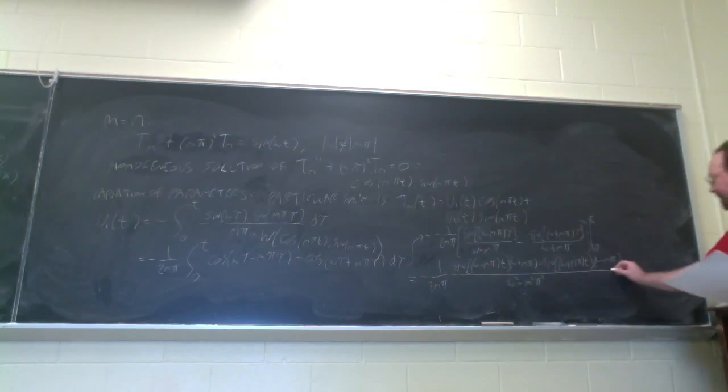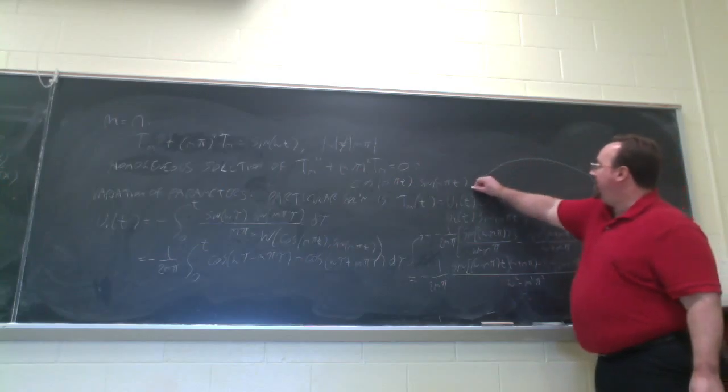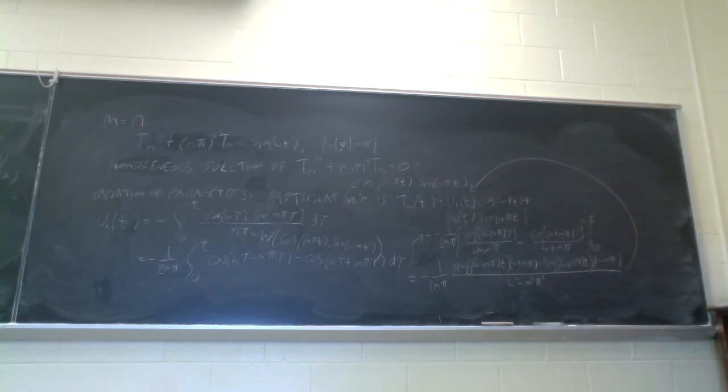Okay, so that's quite rough. So that is our coefficient u1 that goes right in here, and will get multiplied by cosine of m pi t.